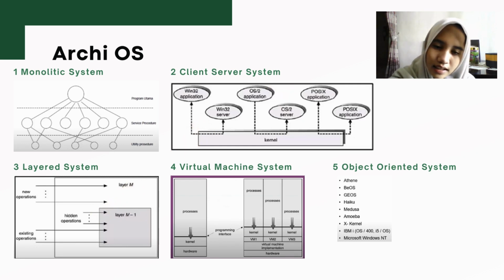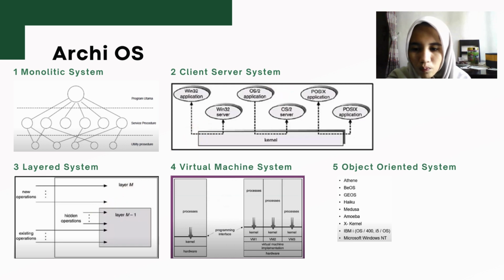The next can be made with a client-server architecture, a layered system, a virtual machine system, and an object-oriented system. The object-oriented system is implemented in BeOS, GEOS, Haiku, Medusa, and others. You can read it here.